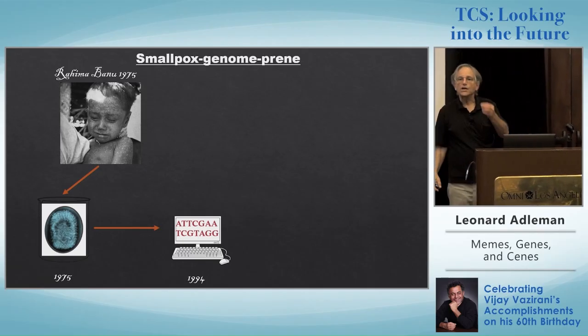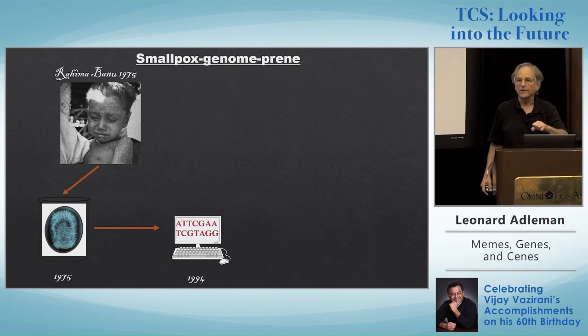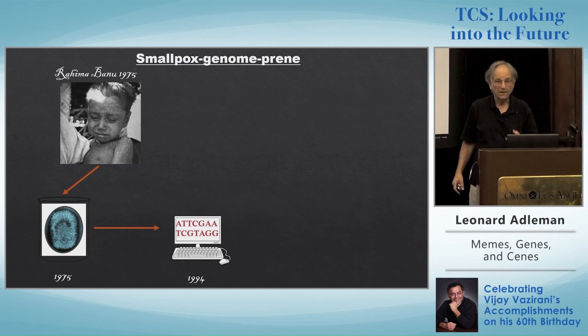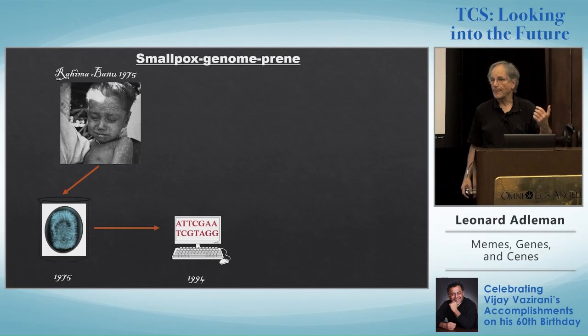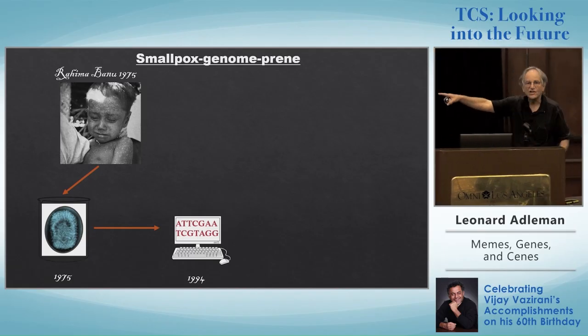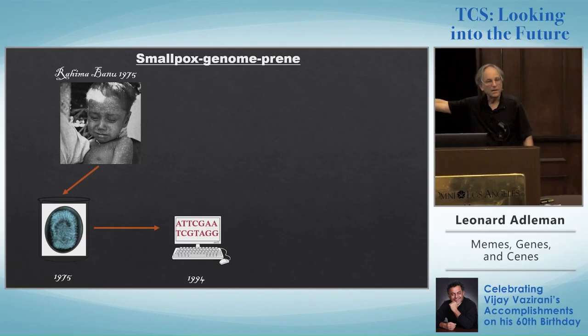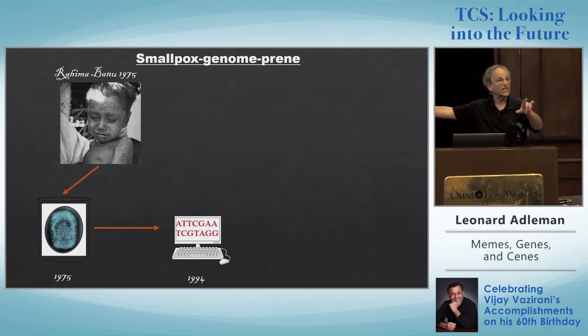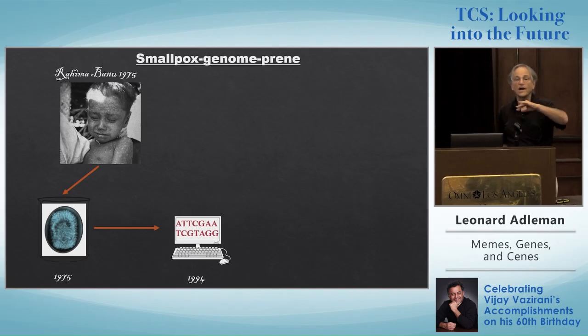And so you can now download it. You could do it right now. I've downloaded it, right? So the smallpox genome is now a scene that is stored on computers.